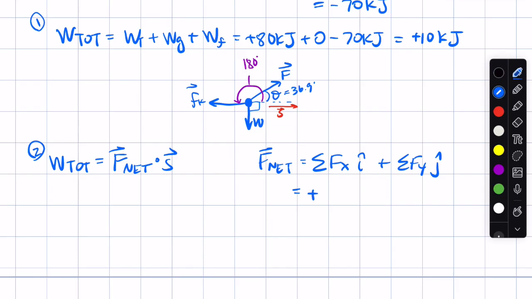So we have a positive F tractor cosine 36.9, right? That's our x component here. And our Fy is here, just F tractor sine 36.9. Okay, so here's our y component.